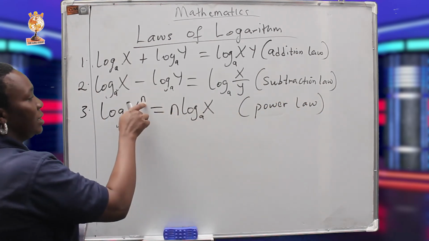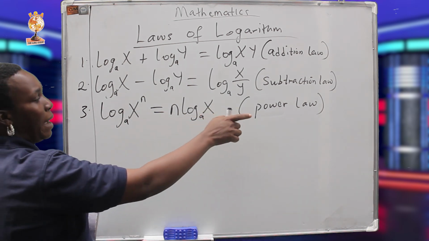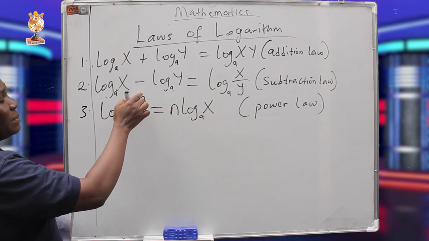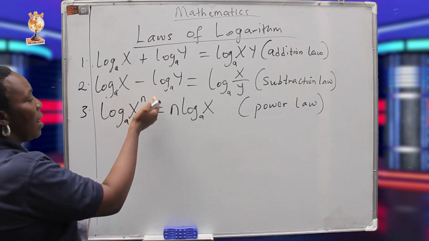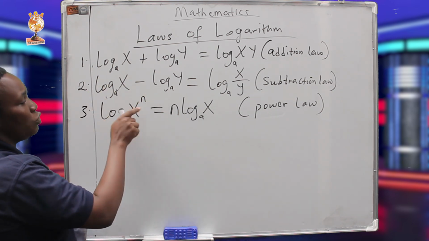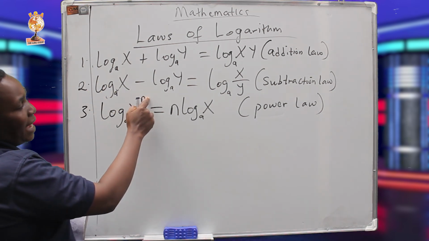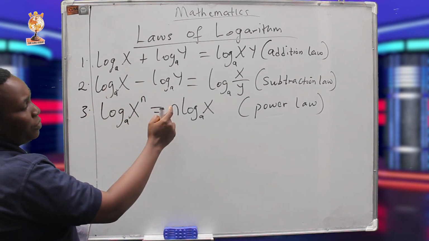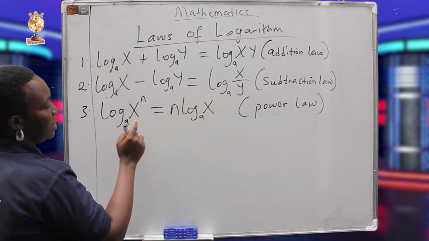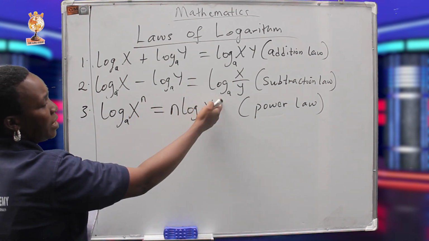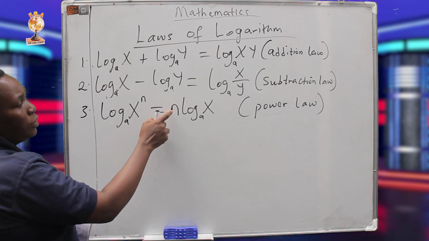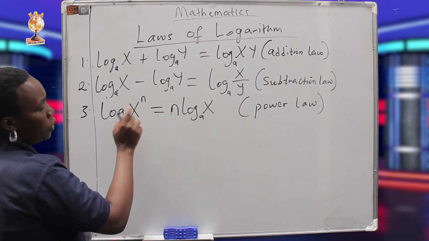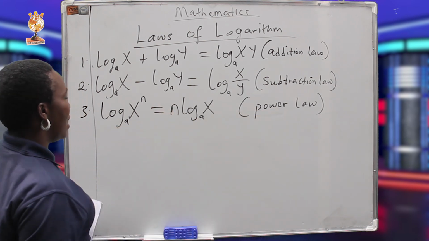Because it has a power, it is called the power law. So when a logarithm has a power, all you need to do is bring the power back to the logarithm and use it to multiply the logarithm. So this n here, which is the power of x, is coming to give you n log x base a. So the n will no longer appear here because it has come out of the logarithm, just like what we have here. So this law is called the power law.